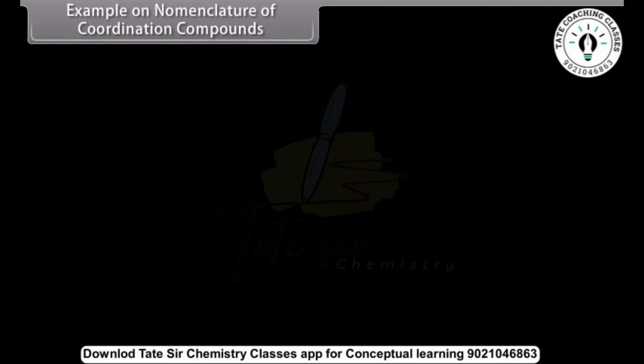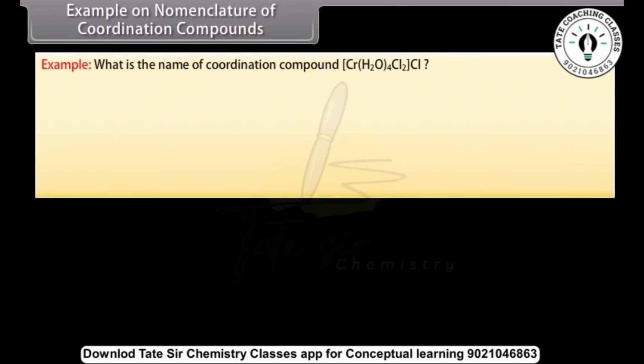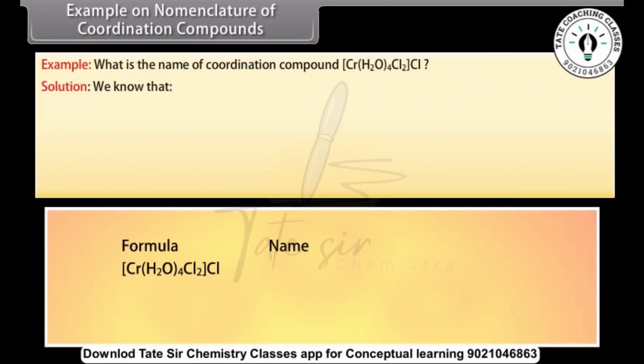Example on nomenclature of coordination compounds. Let's take an example. What is the name of the coordination compound [Cr(H2O)4Cl2]Cl? Let's see the solution.